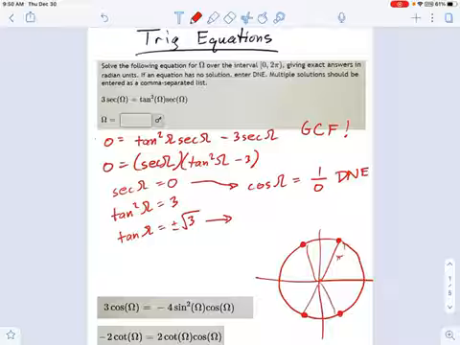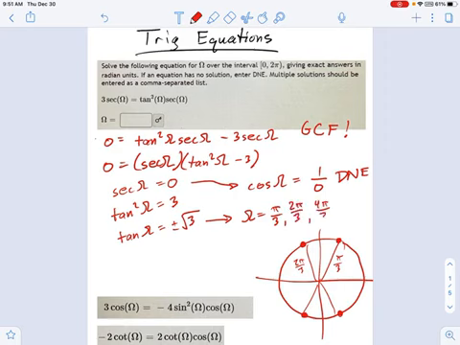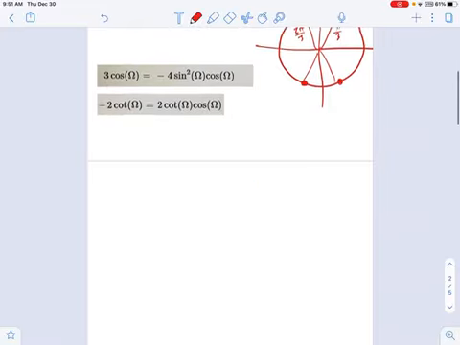That looks like pi over 3, 2 pi over 3, etc. So omega equals pi over 3 in quadrant 1, 2 pi over 3 in quadrant 2, 4 pi over 3 in quadrant 3, and 5 pi over 3 in quadrant 4. And from the secant portion of this equation, there's nothing. So that's it.